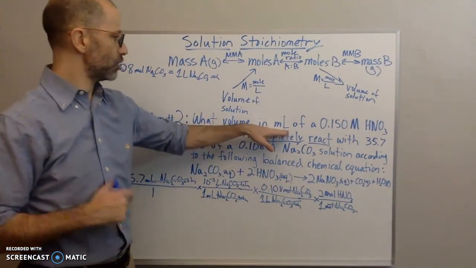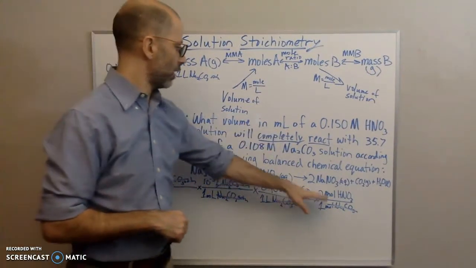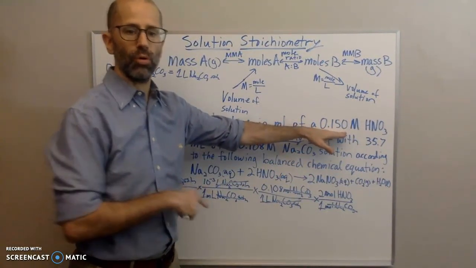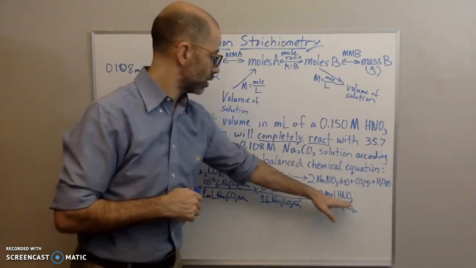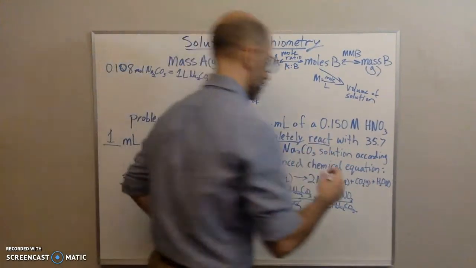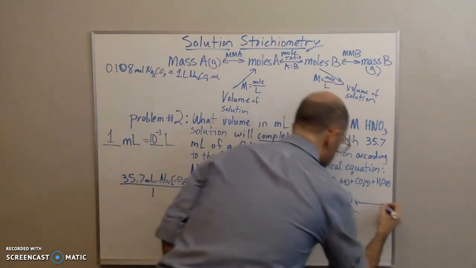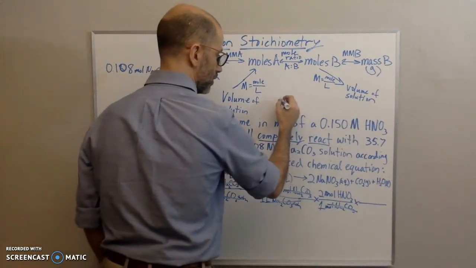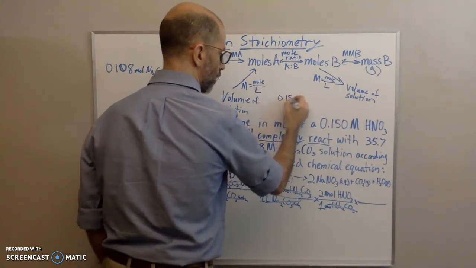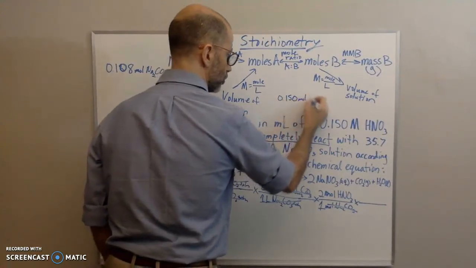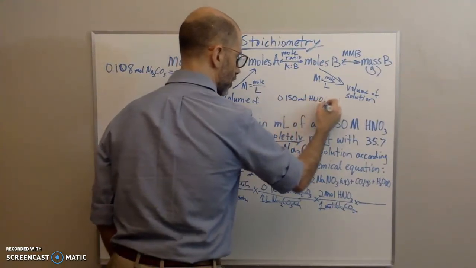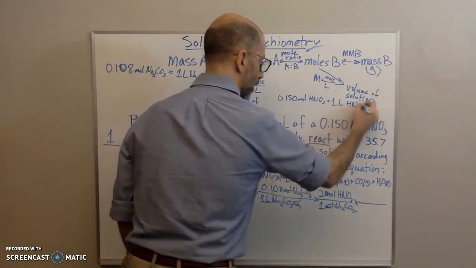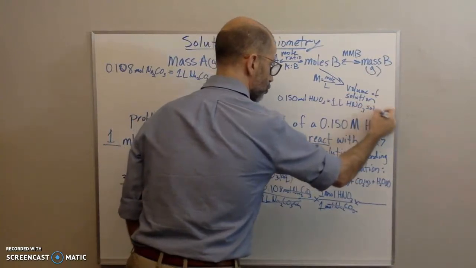They want milliliters, so I need to get the volume. Now I can use the molarity of my nitric acid to convert from moles to liters. And so now I can do my next conversion. So again, this is the same as saying 0.150 moles of my HNO3 is equal to 1 liter of the HNO3 solution.